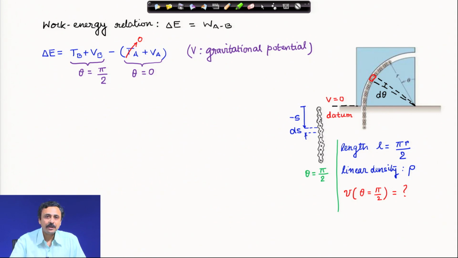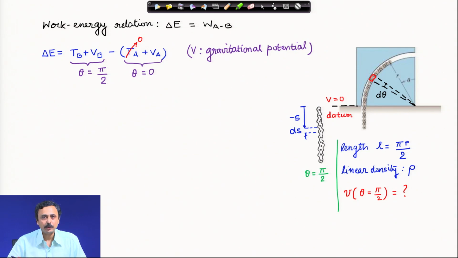There is a normal reaction from the circular guide, but remember this guide is frictionless. Therefore, this normal reaction is the only force of interaction between the chain and the guide, and the normal force is perpendicular to the direction of motion of the chain. You must recall, we have discussed this, that work is done only by the tangential component, not by the normal component.